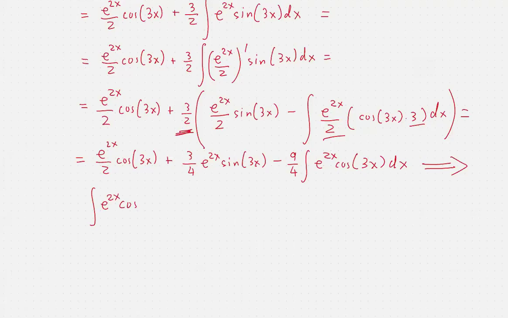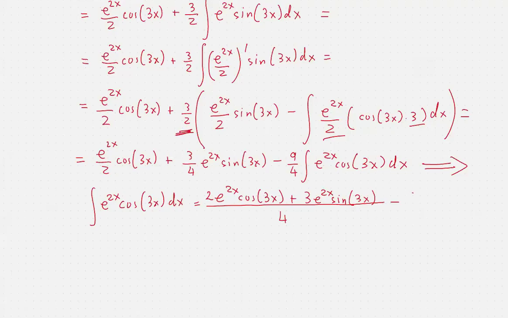Let's actually clear denominators here. It will be quite pleasant. Plus 3, oops, I forgot the cosine of 3x here, plus 3 times e to the 2x sine of 3x divided by 4 minus 9 over 4 of the original integral.